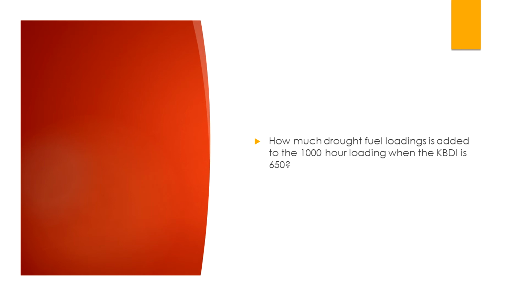And we say, so then we're going to add, so W1000 over W tote D is just the fractional loading of 1,000-hour fuel moisture relative to the total loading. If you take KBDI minus 100, so that would be 550, times the drought unit, and the drought unit is just calculated as our drought fuel loading divided by 700.